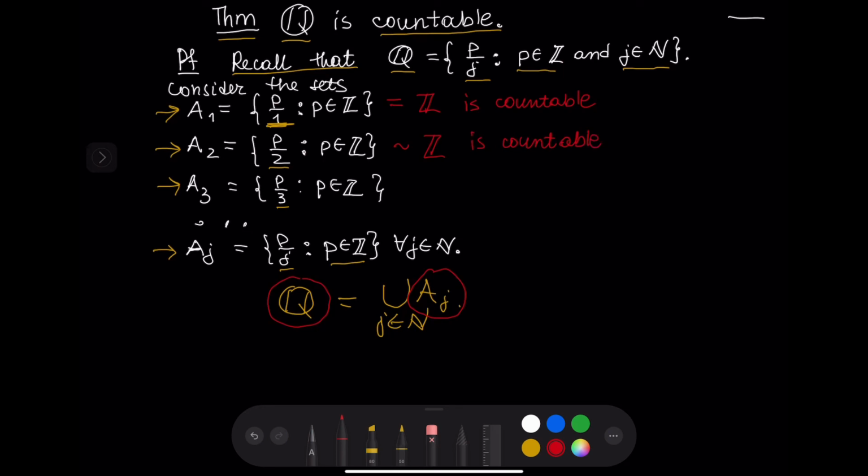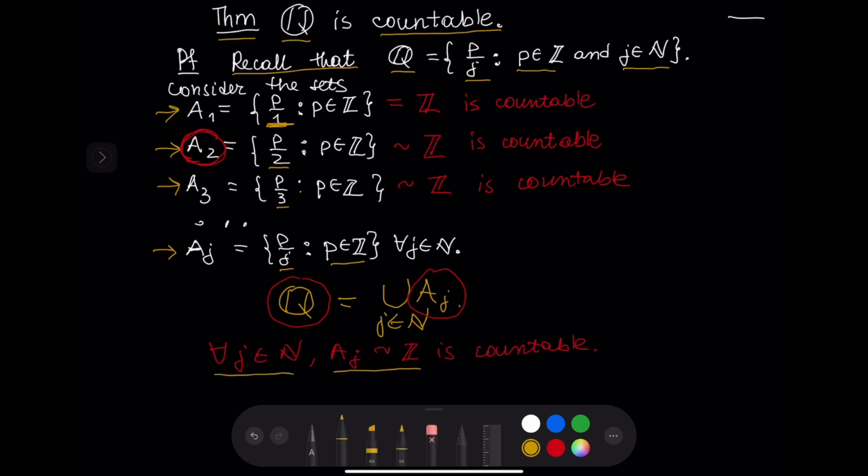And we stated earlier in this video that if we have a countable set and another set that is equivalent to a countable set, then that set is countable. So A2 is countable. Similarly, A3 is equivalent to Z, which is countable, so A3 is countable. And in general, for every natural number j, A_j is equivalent to the set of all integers, which is countable.